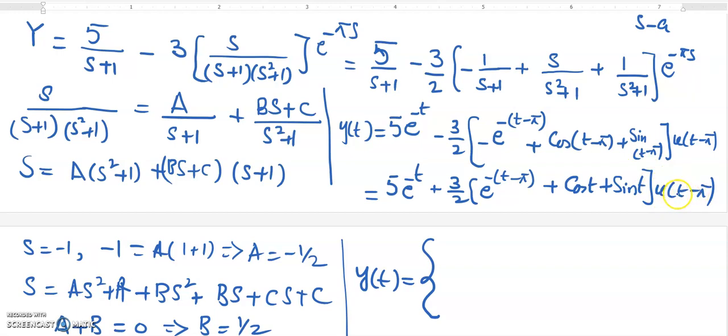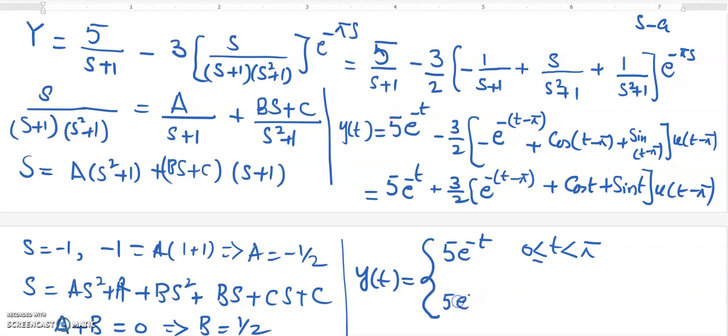For t less than pi, from 0 to pi, this term will be 0, so it will be 5 e power minus t. And for t greater than pi, this term will be 1, so we have this whole expression.